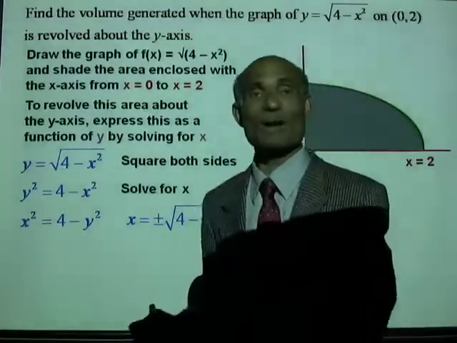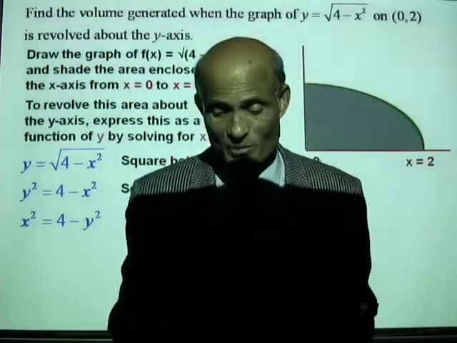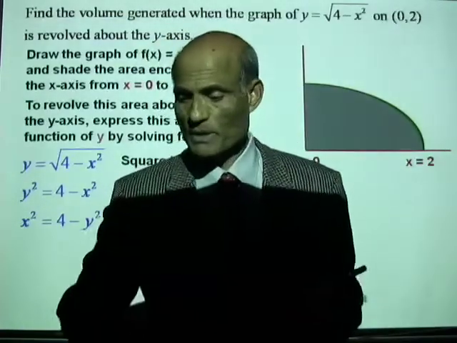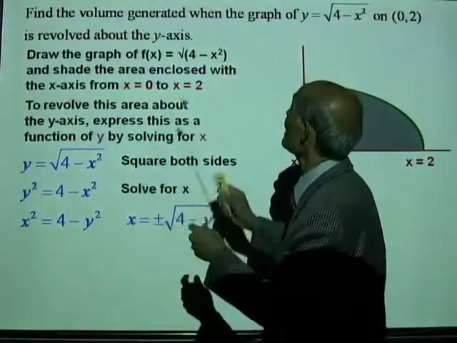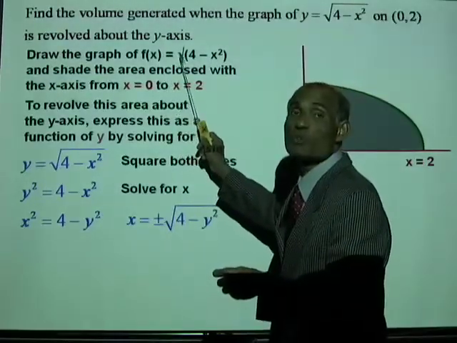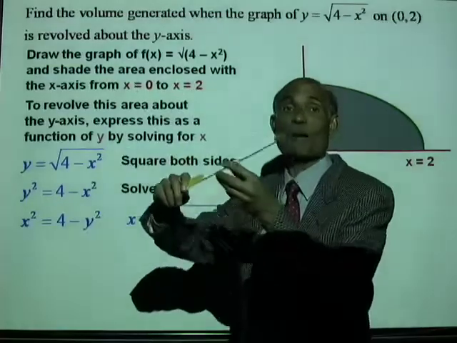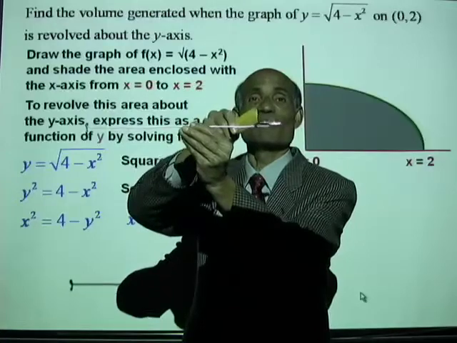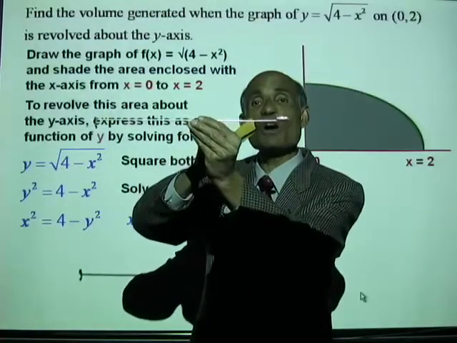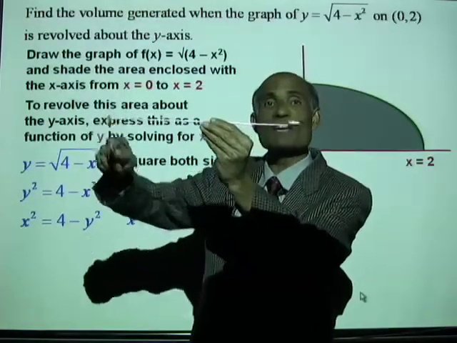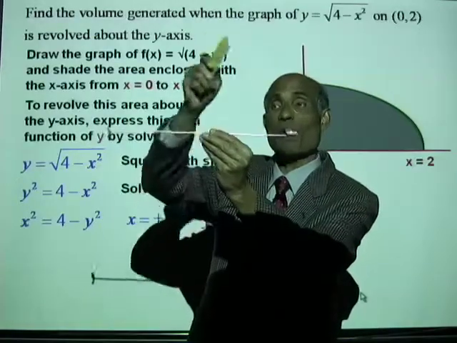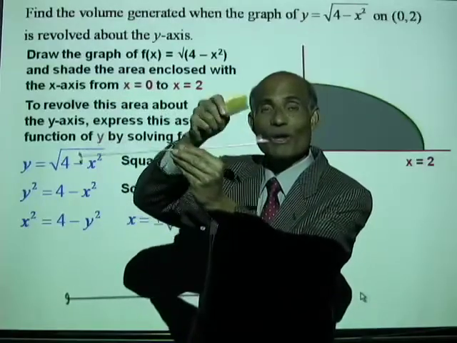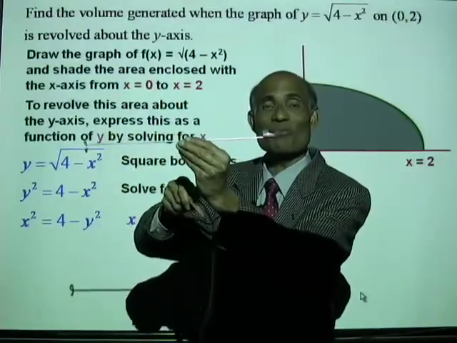4 minus y squared. Now, I want you to appreciate these kinds of expressions. The expression that we started with, y equal to square root 4 minus x squared, is a circle above the x-axis. Y equal to negative square root 4 minus x squared is below the x-axis. Now the positive and the negative together give you the whole circle, x squared plus y squared equal to 4.